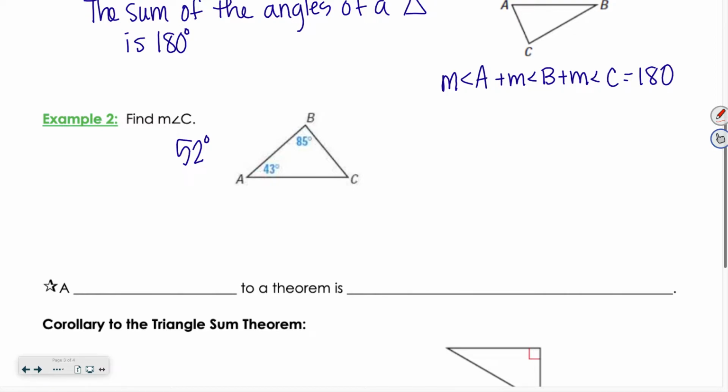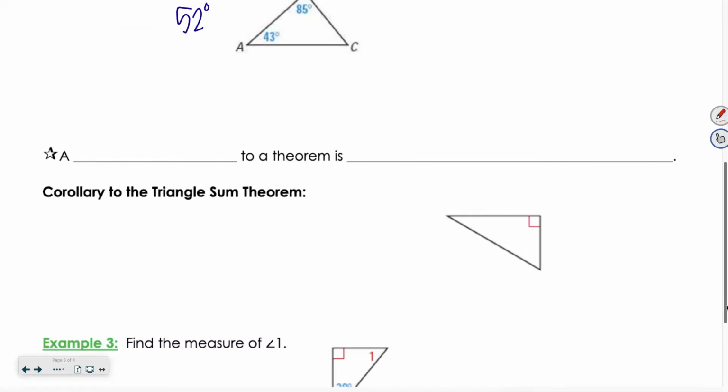Now let's take a second and talk about a corollary and what corollary means. So corollary comes from like correlation; these have something to do with one another. A theorem is a rule, okay? Pythagorean theorem. It's a rule that works every single time.